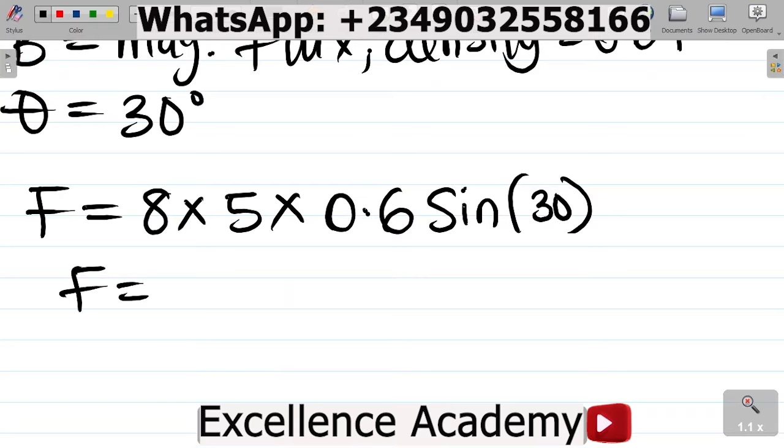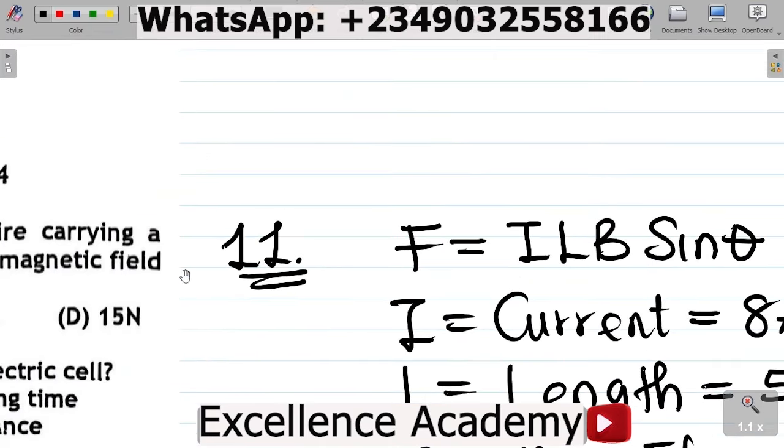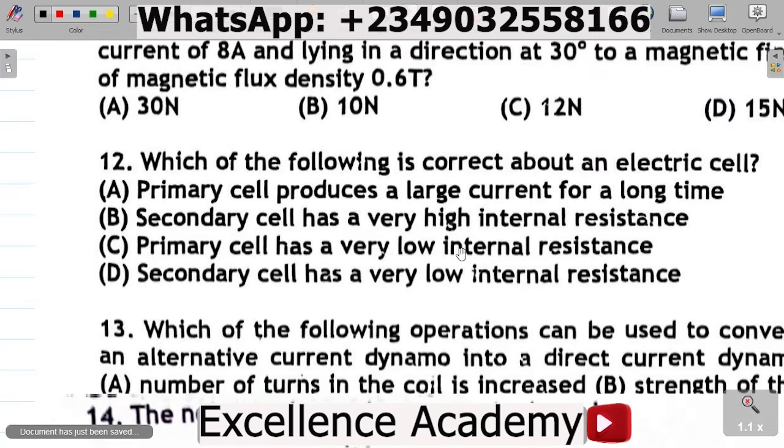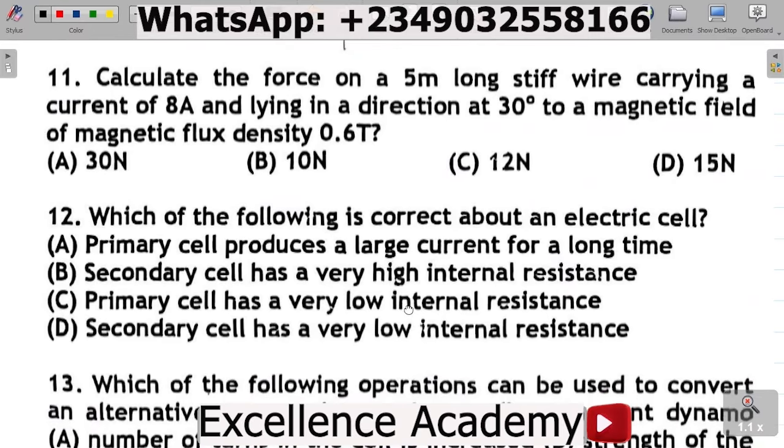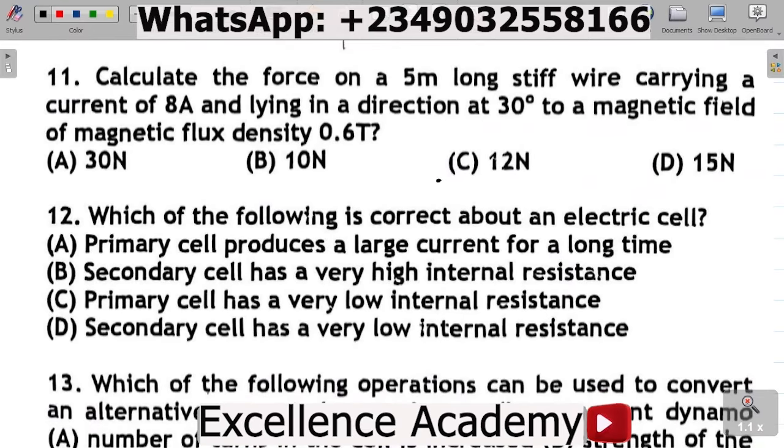I'll get my calculator. I'll punch 8 times 5 times 0.6 times sine of 30. My answer here is 12. Don't forget that F means force, and force is measured in Newton. So the value F is equal to 12 Newton, which is option C.